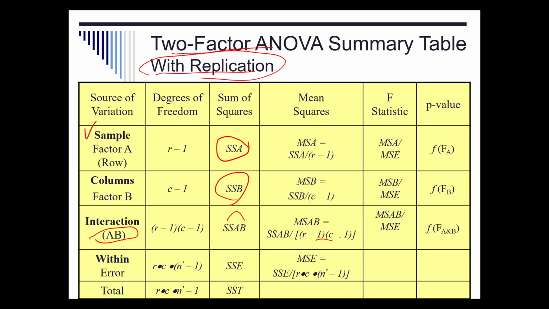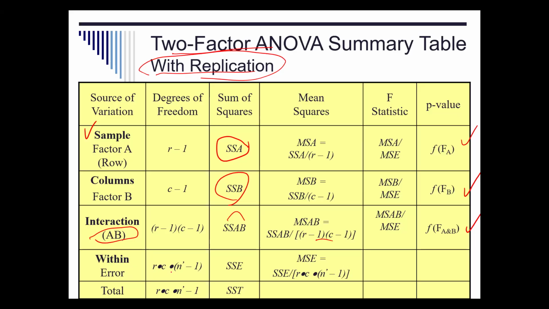We use these mean squares for the F statistics, so that we perform 3 hypothesis tests: a test for factor A, a test for factor B, and a test for the interaction. That's why we have 3 F stats.